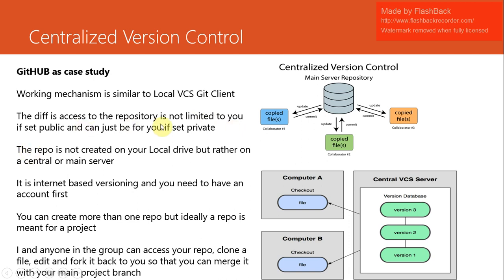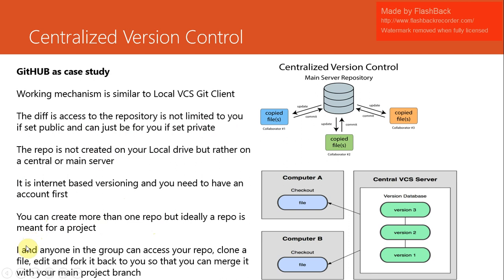The repo access is not limited to you if set public, and it can be just for you if set private. The repo is not created on your local drive, but rather on a central or main server. It is internet-based versioning, and you need to have an account first. You can create more than one repo, but basically, it's always a repo for a project.